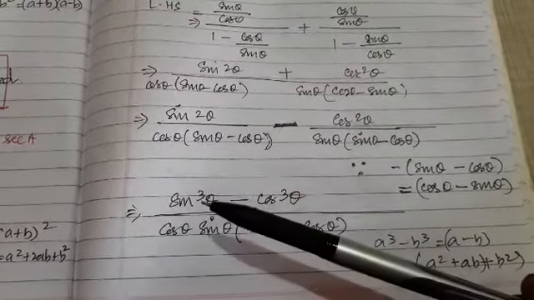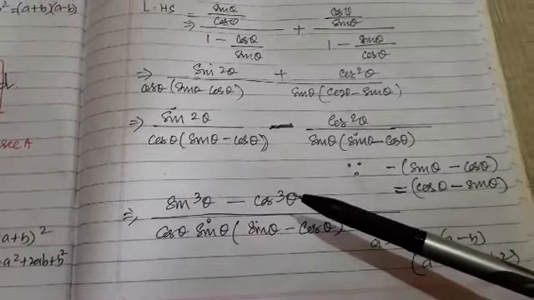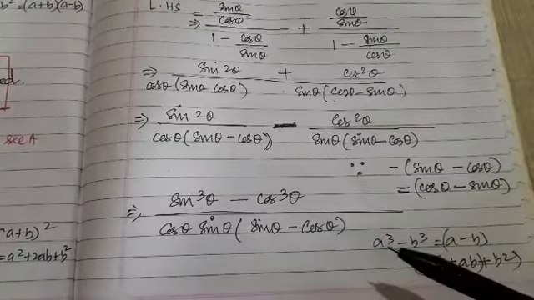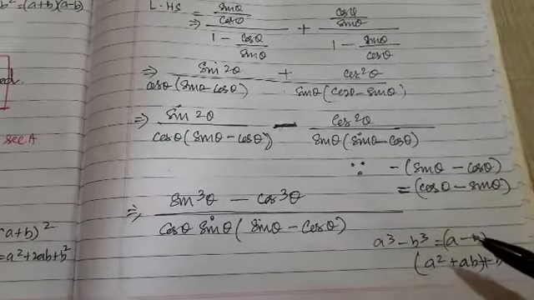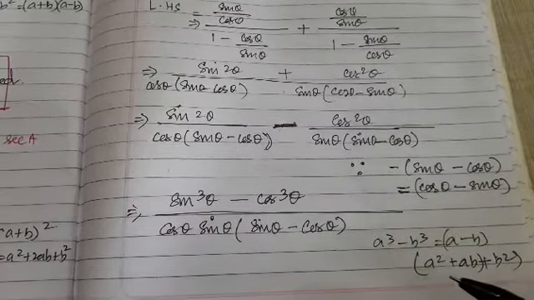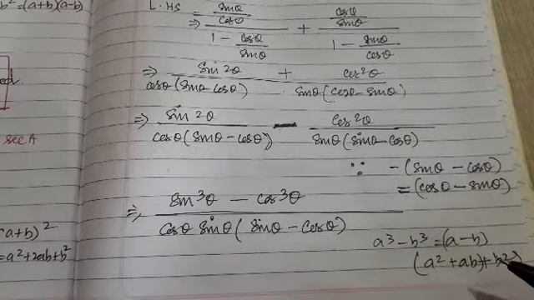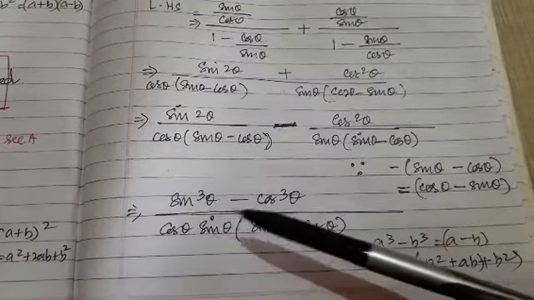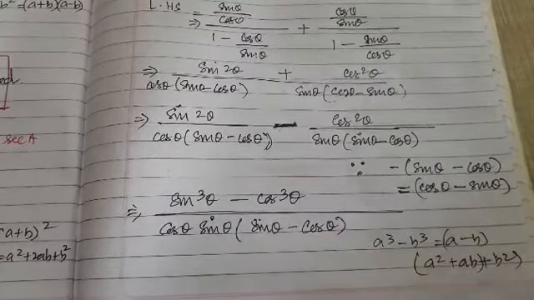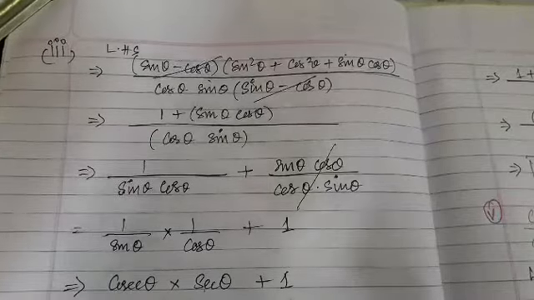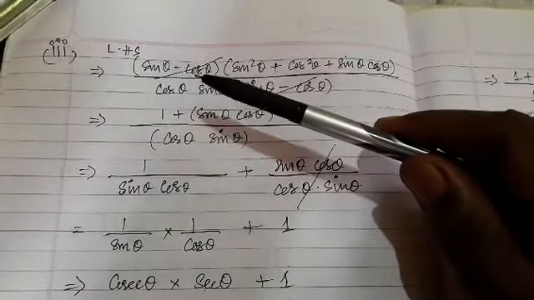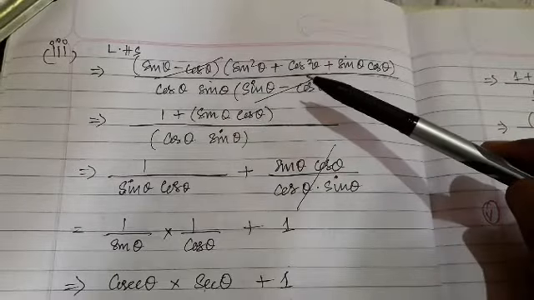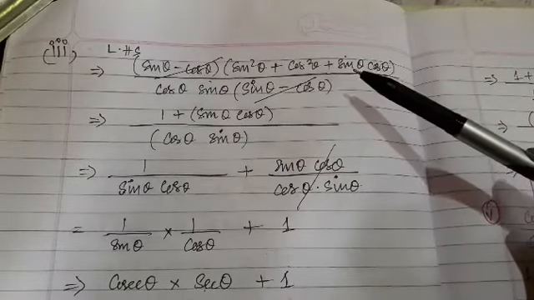You see the numerator is in the form of a cube minus b cube identity. What is that a cube minus b cube identity? a minus b bracket a square plus ab plus b square, that is the identity. In this form you have to correct this one, sin cube theta minus cos cube theta. Okay, so I am converting into a minus b, a square plus ab plus b square form.